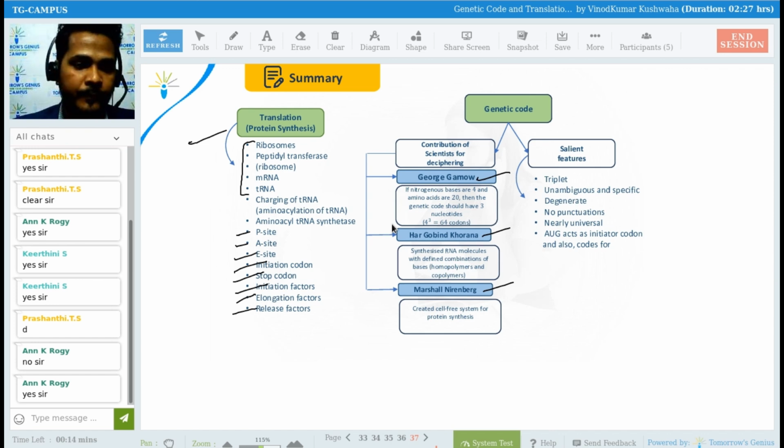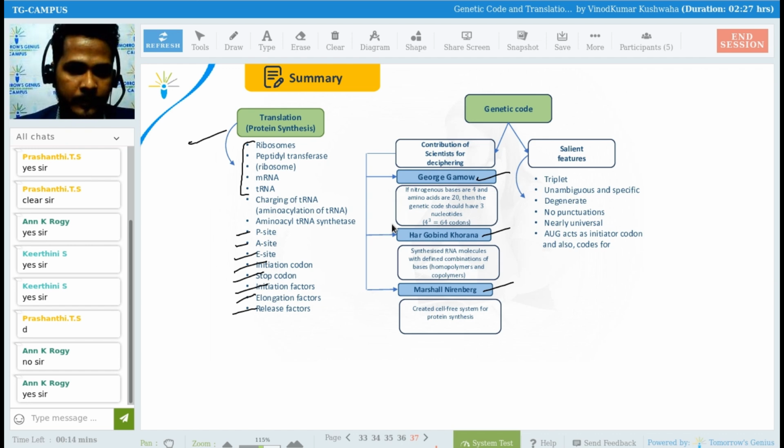Let me first tell you what the wobble hypothesis is. We all studied the cloverleaf model.